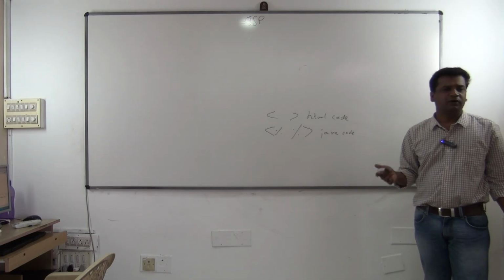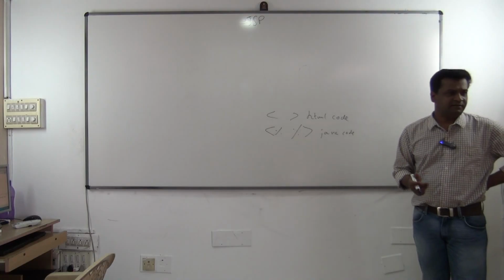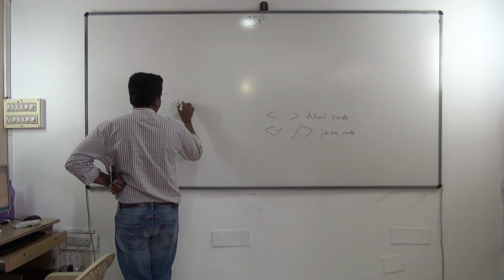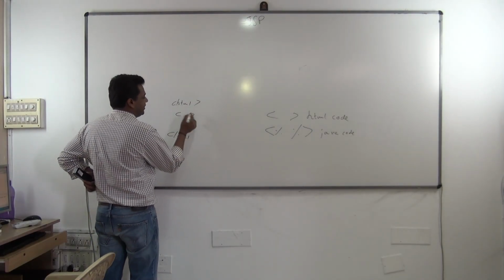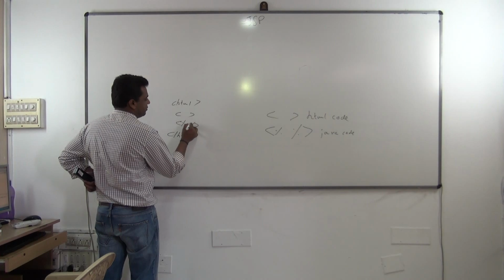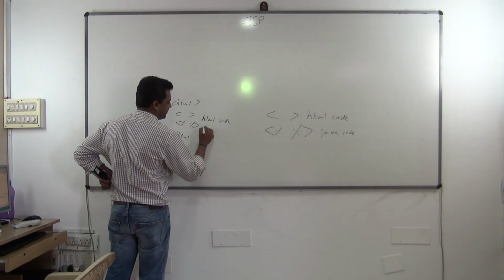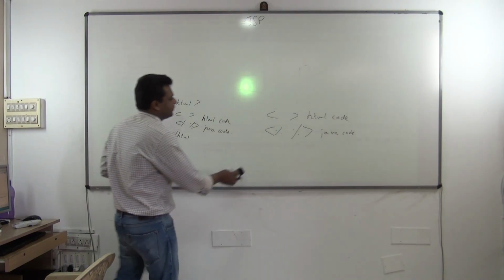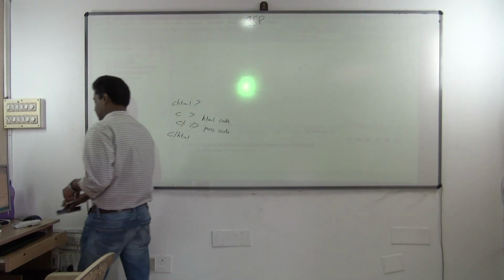JSP is nothing but writing Java in an HTML file. So always you'll be writing Java in an HTML file. You'll start off with HTML and end with HTML, and in between you will write Java code, or you'll be writing HTML code. Like this you'll be writing. We'll be seeing it in more detail today. So once you write this, we'll be seeing more.